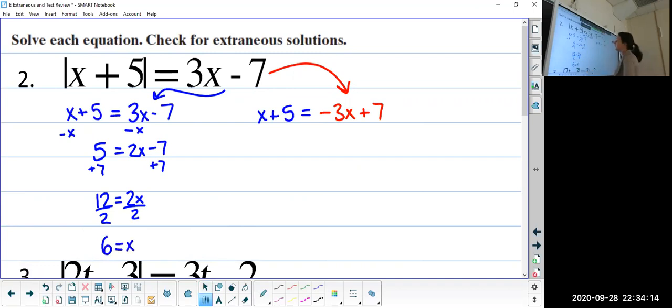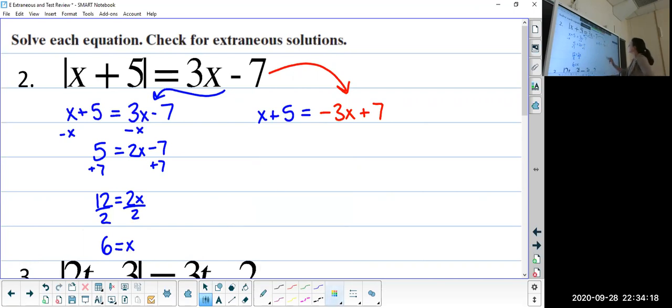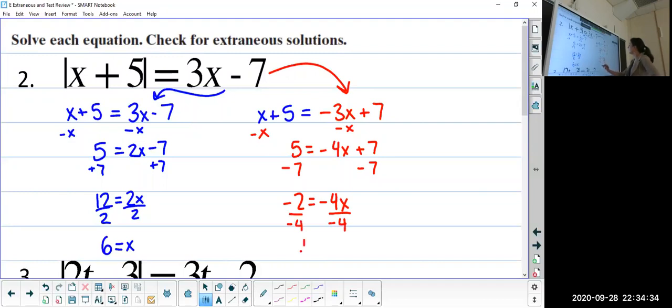So there's one answer. Over here on the right, same process, subtract the x. I get 5 equals -4x plus 7. Subtract the 7. I get -2 equals -4x. Divide the -4, and I get 1/2 equals x.